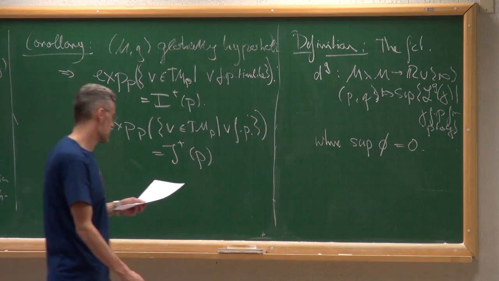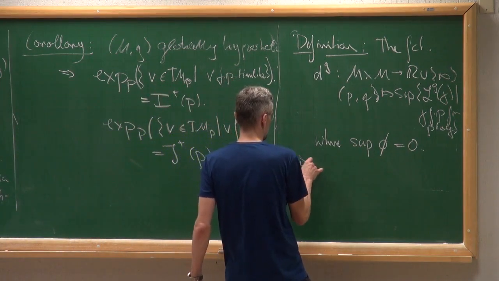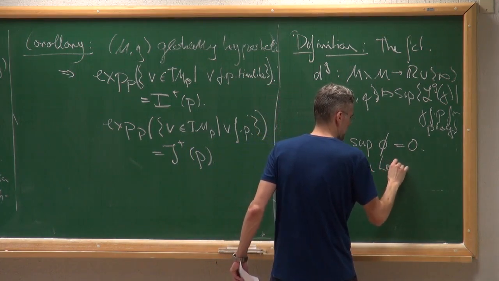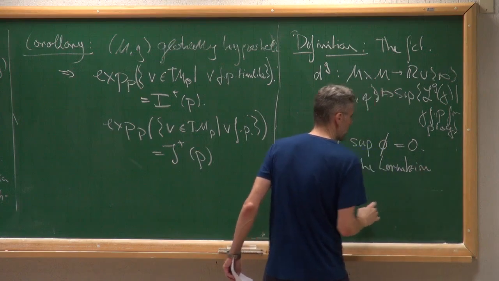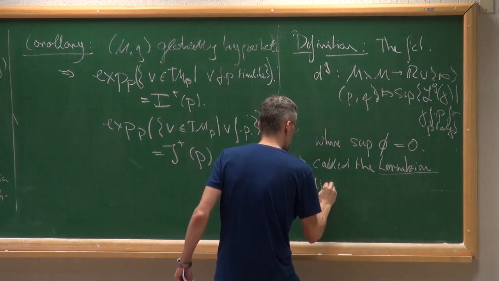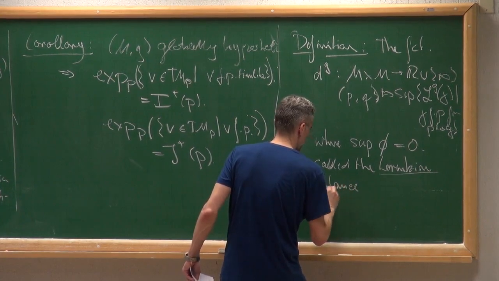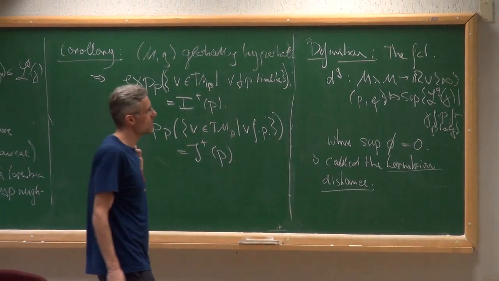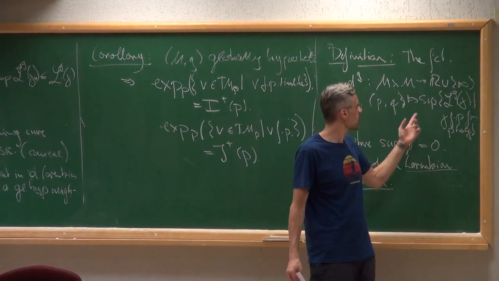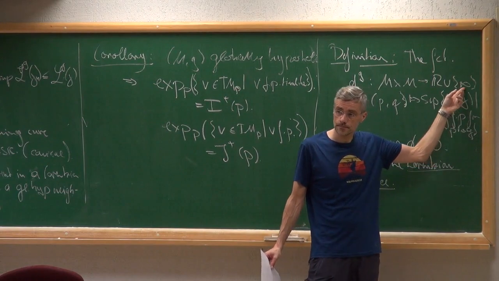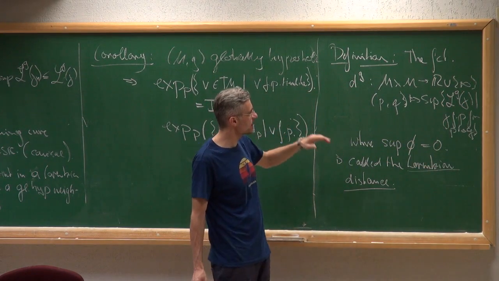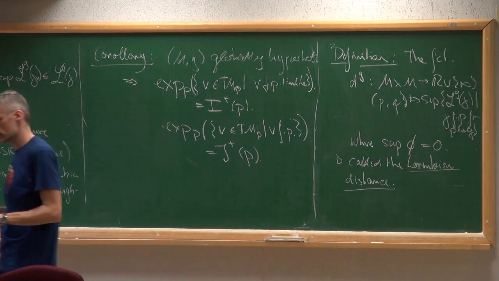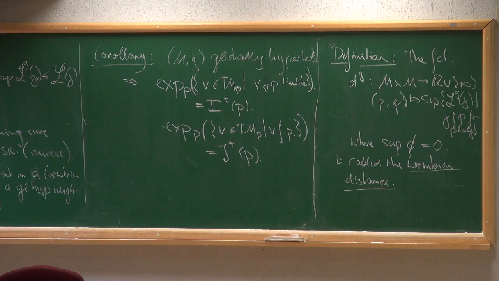This function is called the Lorentzian distance, and it actually only makes sense for the globally hyperbolic case, even though it is defined for everyone. For example, in the compact case, there will be quite a large set of points where this function is infinity. But in the globally hyperbolic case, it is always real valued and actually continuous, even though it has large parts where it's 0.